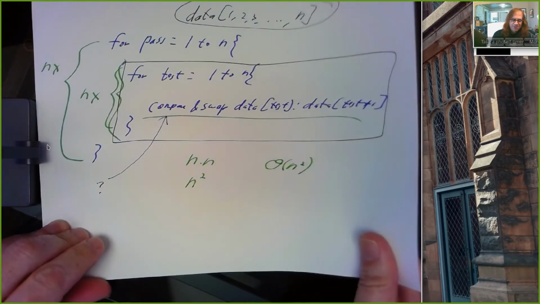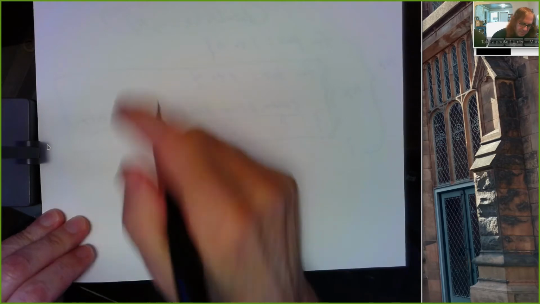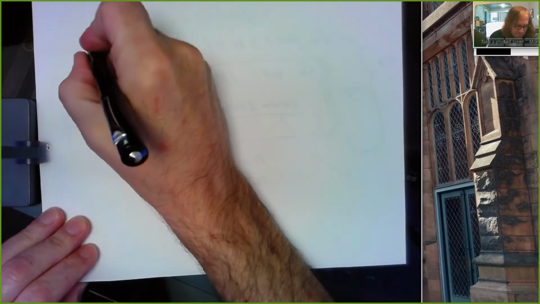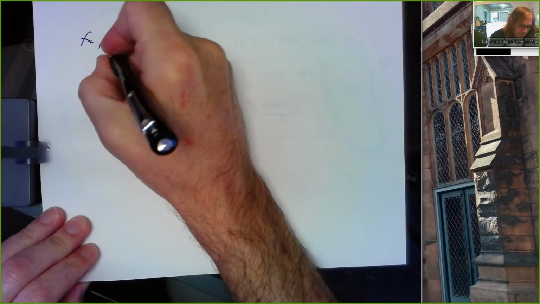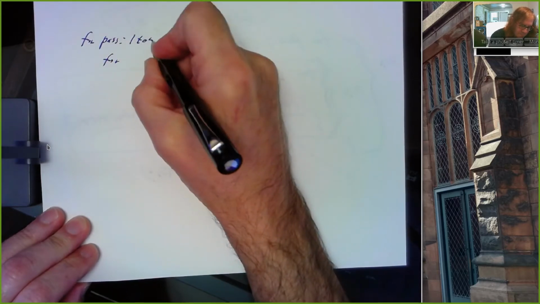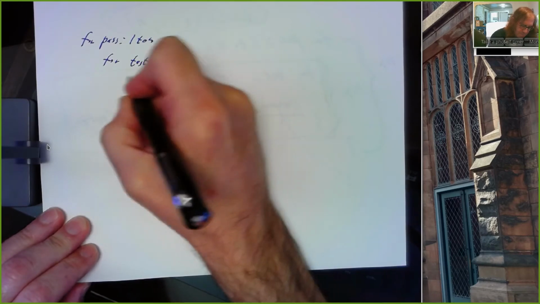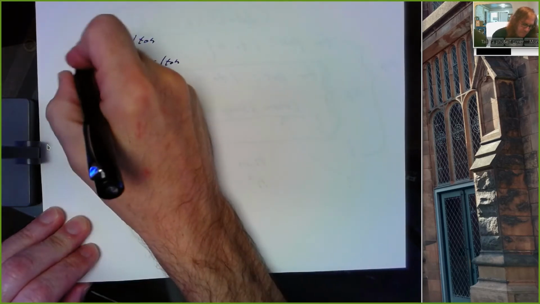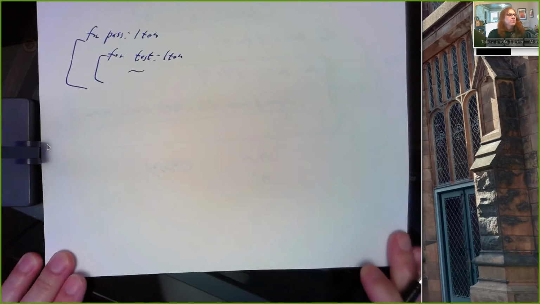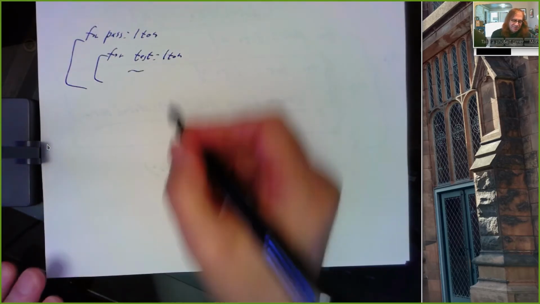What's the intuition of order n squared? We have a pass going from 1 to n. Inside each pass we have test going from 1 to n.